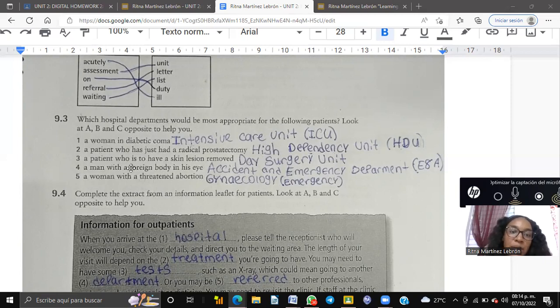A patient who is to have a skin lesion removed: day surgery unit. A man with a foreign body in his eye: accident and emergency department. A woman with threatened abortion: gynecology emergency.